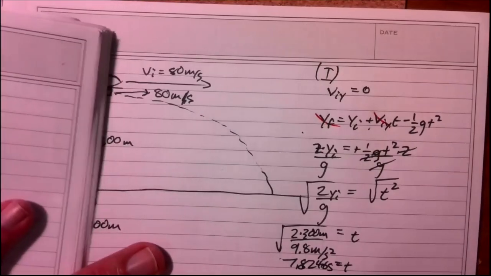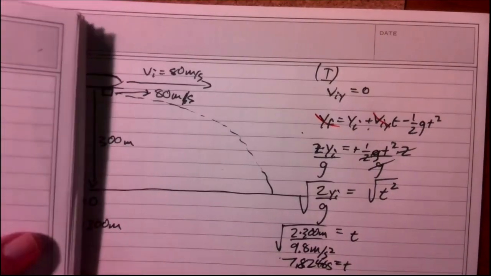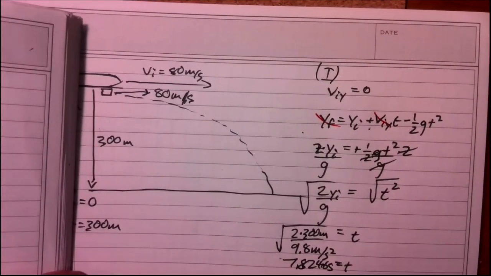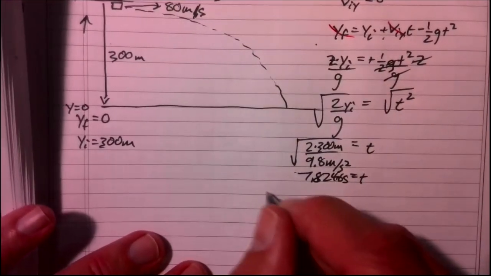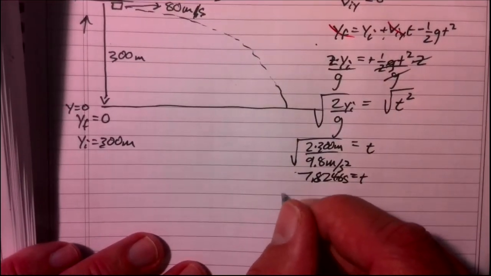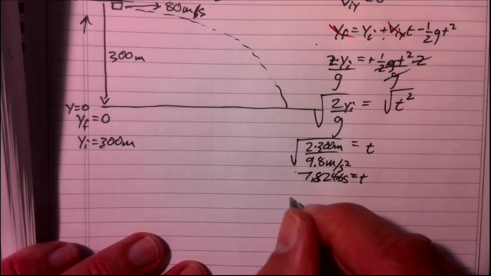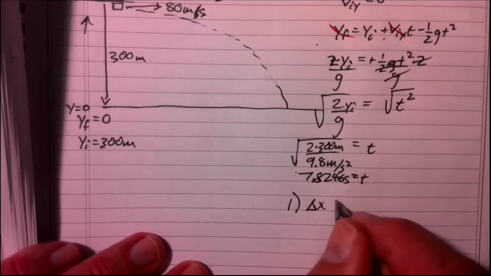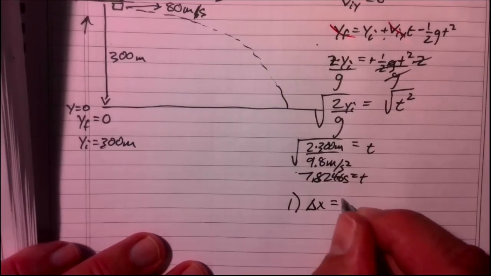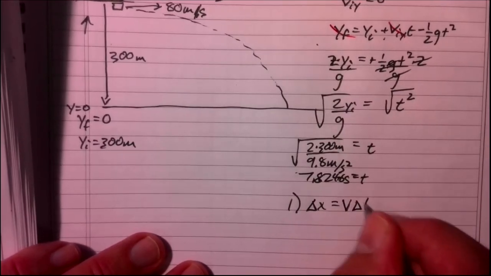Now, let's talk about each of the equations and why or why not you should use them. I'll write them down again here just so we can have them. So equation one, delta x equals v times delta t.